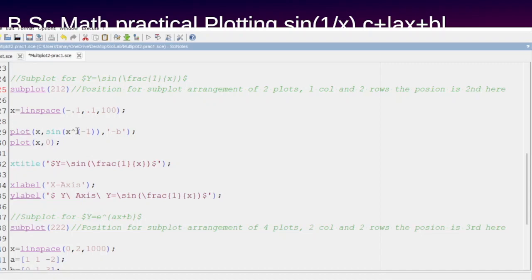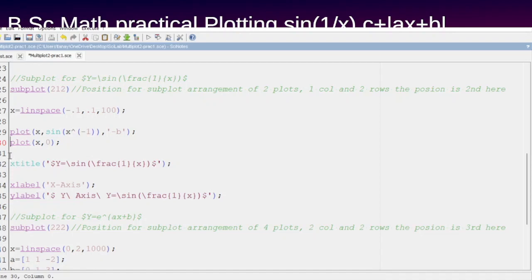Now I plot x, sine x to the power minus 1, which is 1 upon x, and b, and again I wrote plot x0, because when x is equal to 0, you see 1 upon x is 1 upon 0. 1 upon 0 doesn't have any meaning, so that's why I deliberately put this value, that when x is equal to 0 there will be one line, or you can omit this line, no problem with that. Okay, but it is always good if you put this.